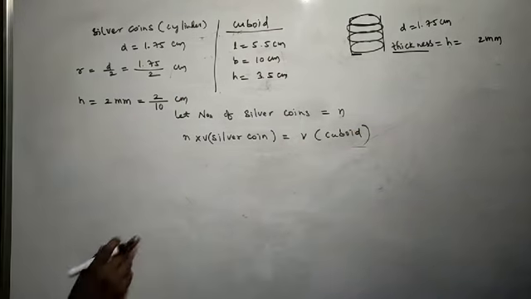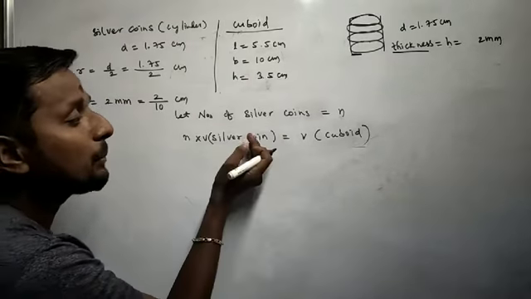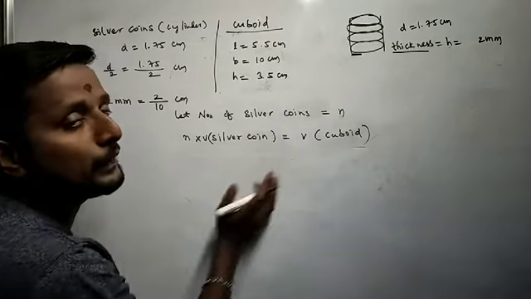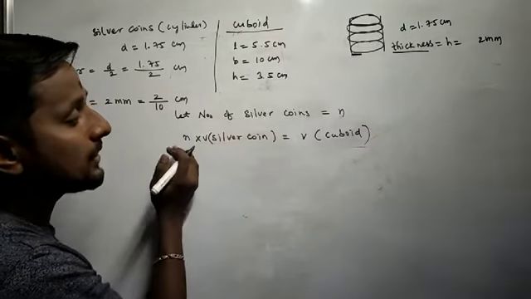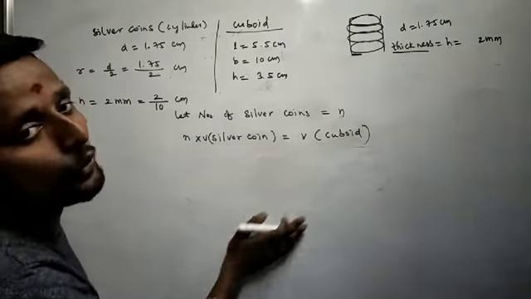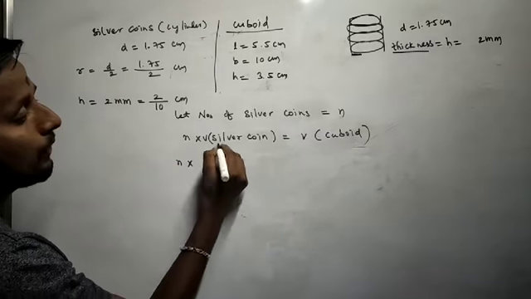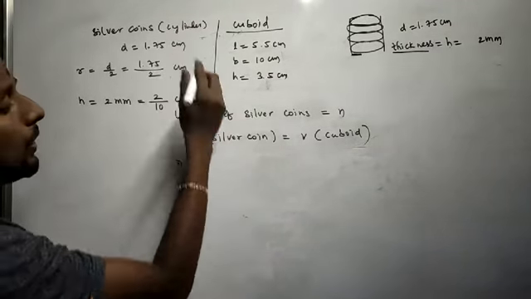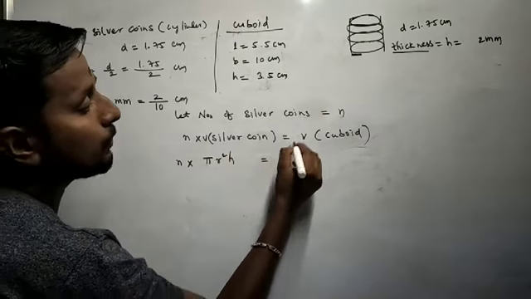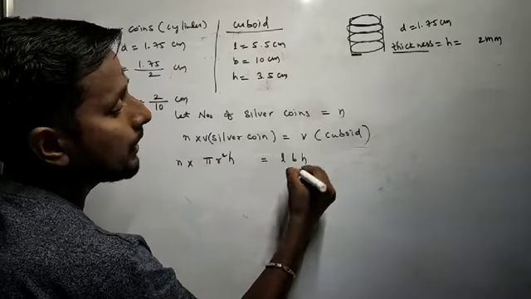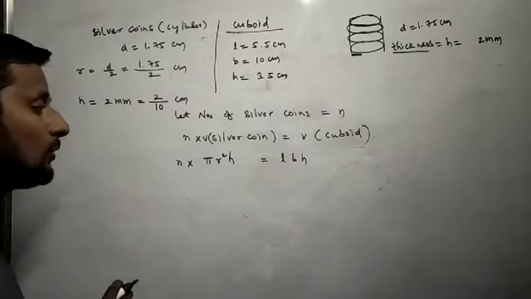This is the formula, because n silver coins are melted and converted into cuboid form. So the volume of n silver coins is equal to the volume of the cuboid. Now n into the volume of a silver coin, it is cylinder form, so we'll write pi r square h, that is equal to the cuboid form. LBH, volume of a cuboid is length into breadth into height.